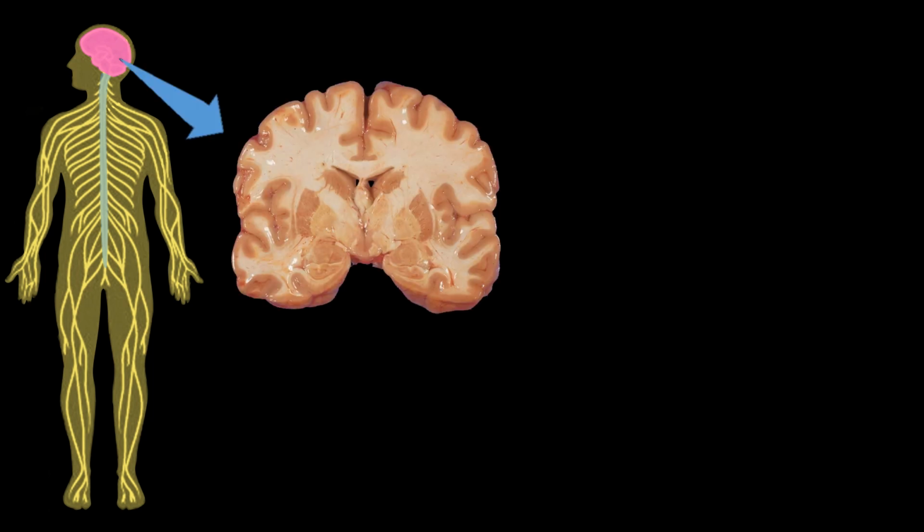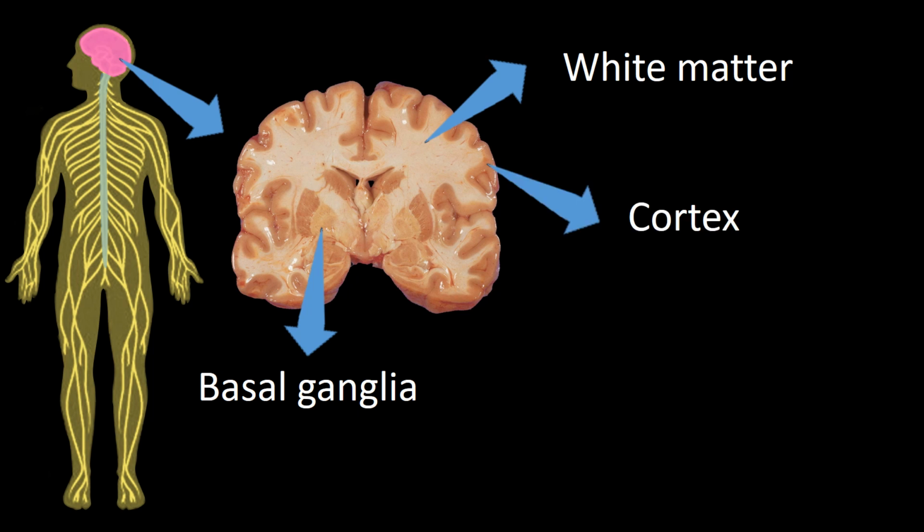The first question you try to answer during the neurological history is: where is the problem? In the nervous system, the problem can be central or peripheral. If the problem is central, let's say in the brain, then we need to determine if the problem is in the basal ganglia, white matter, or in the cortex, for example.